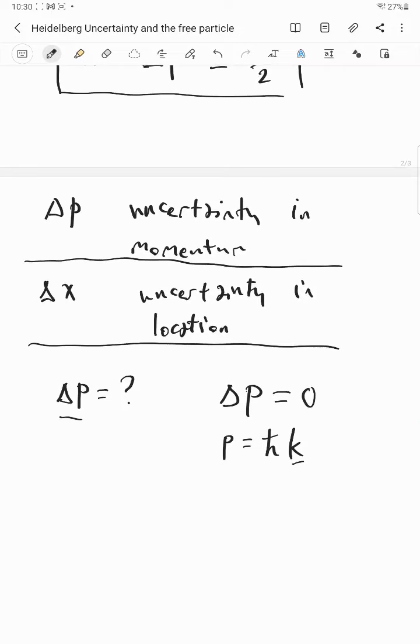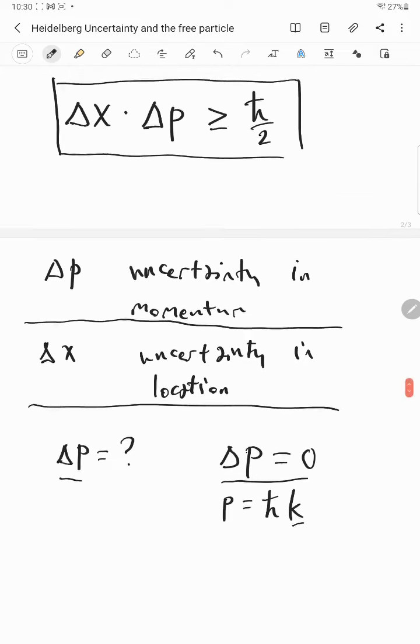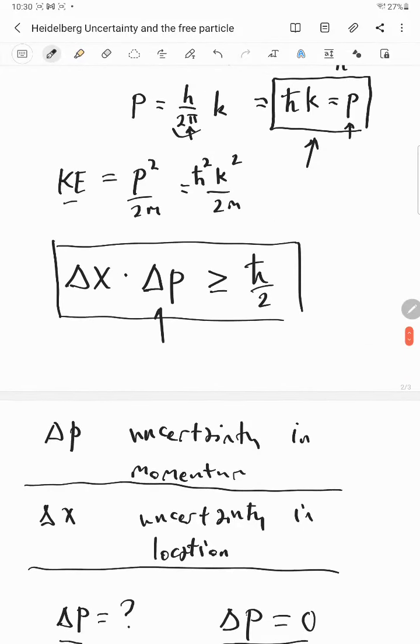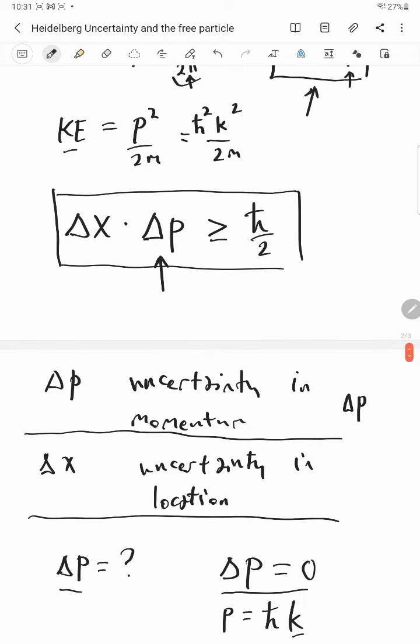So this is true. So what does this mean about Heisenberg uncertainty, though? This means that if delta p is 0, then in order to fulfill this law of nature, this fundamental statement about knowledge of these two types of quantities, if I know momentum with no uncertainty, then I must have 100% uncertainty in my knowledge of delta x.